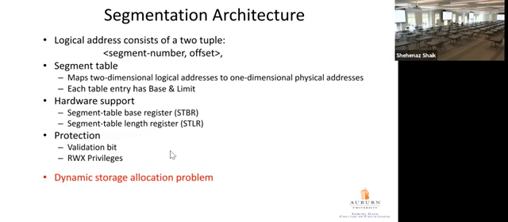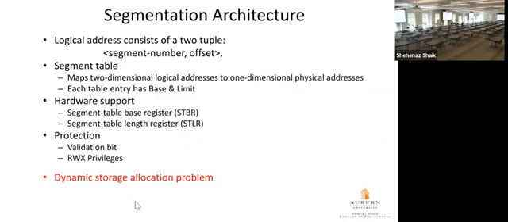Now, if you see here, we have split the entire logical address space into multiple segments, okay? And we are allocating the physical memory capacity to each of these different segments, and we are tracking information regarding where each segment is loaded.